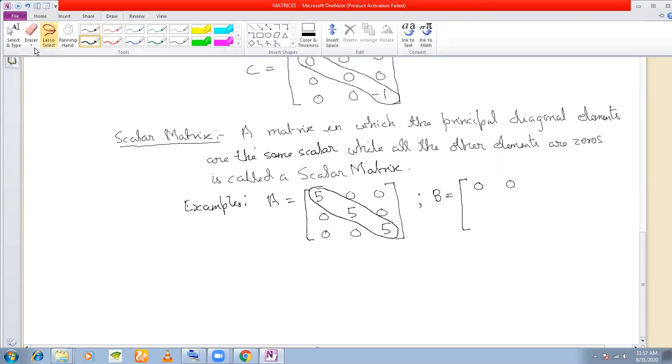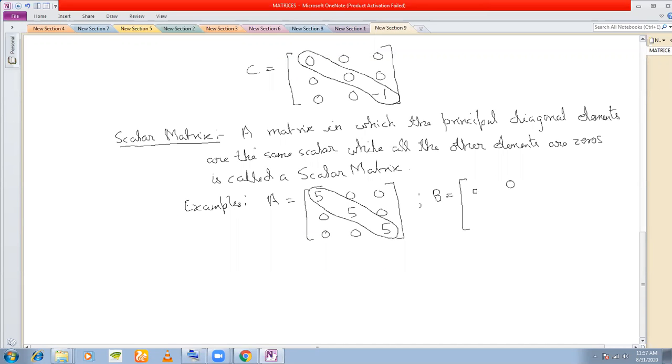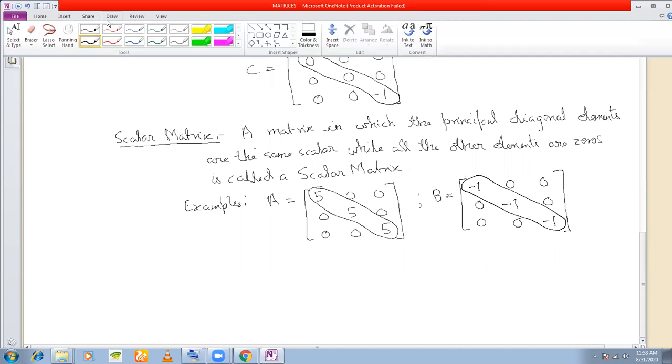If I take another example of a scalar matrix, if you see the principal diagonal elements here, they are all the same scalar.